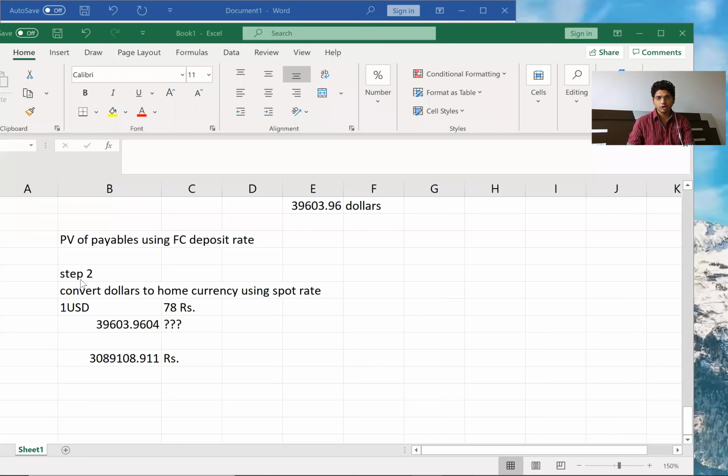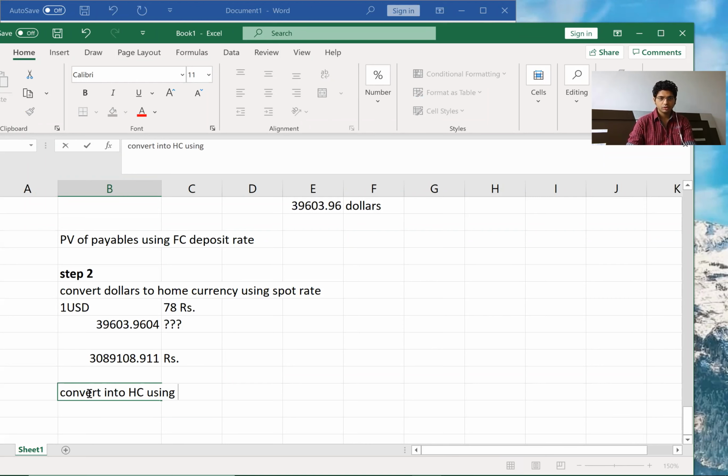I have converted the dollars because I'm an Indian company and I wanted the amount in rupees. Conversion becomes simple because we have the spot rate, and in step 1 we had already calculated the present value. So step 2 was simple. What was step 2? Convert into home currency using the spot rate.